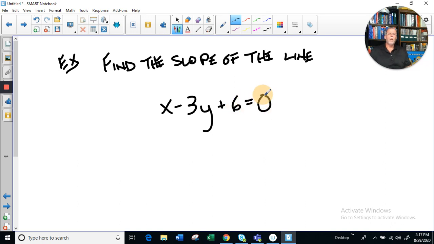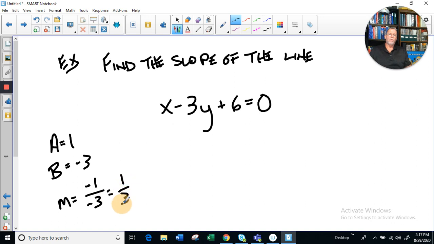So, what is our a value? A is equal to whatever's multiplying the x, that's 1. The b value is whatever's multiplying the y, that's negative 3. Using what we found from before, we would have the opposite of a over b, so that would be 1/3.